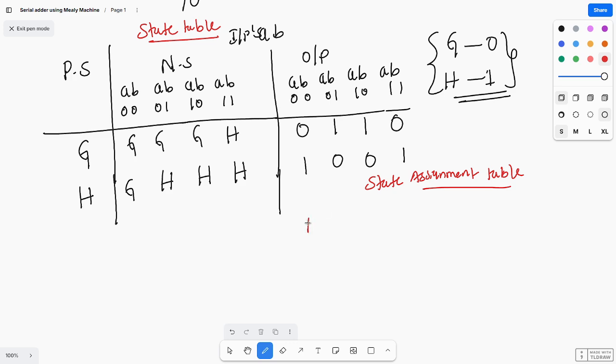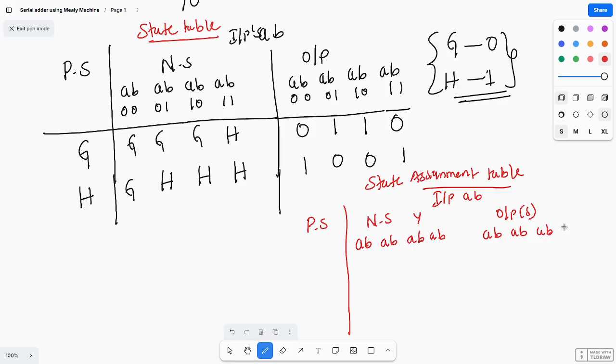If you draw the state assignment table, this is my present state, input is AB, next state is Y, and output is Z. Here AB and AB, and here also AB and AB.